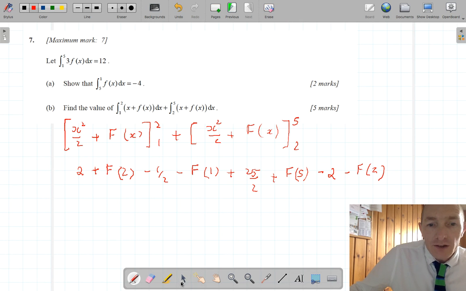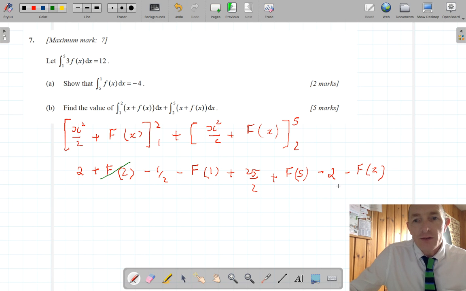Now what I can see here straight away, you may be one step ahead of me, is I can plus F(2) minus F(2). And that's great because I didn't know what that F(2) was. So I'm left with 2 and minus 2. Well, actually, should have kept my green pen. That's also going to cancel out.